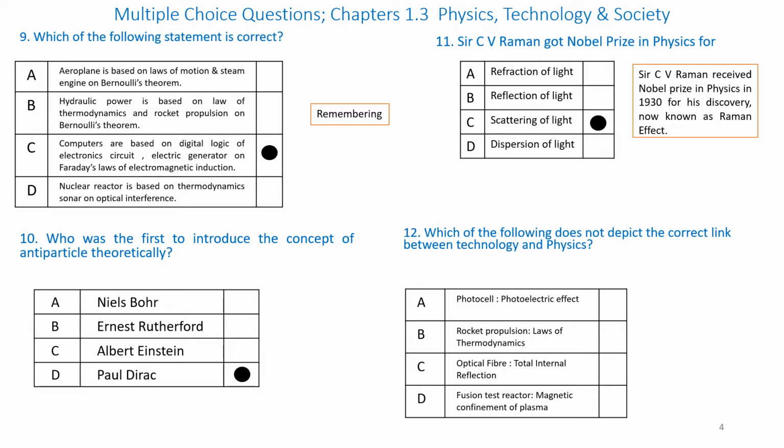That is not related. Optical fiber and total internal reflection are related to one another. Fusion test reactor and magnetic confinement of plasma is also interrelated. So choice B is not the correct link. Rocket propulsion is based on Newton's law of motion. So the wrong link is B.